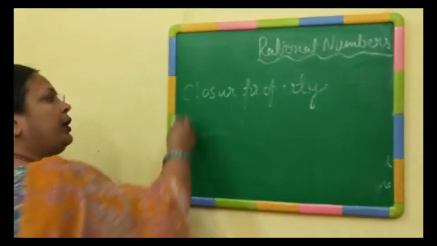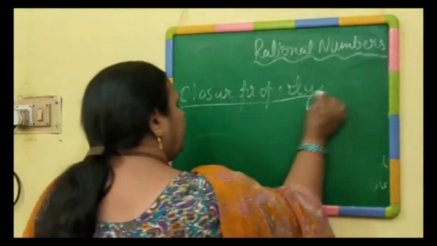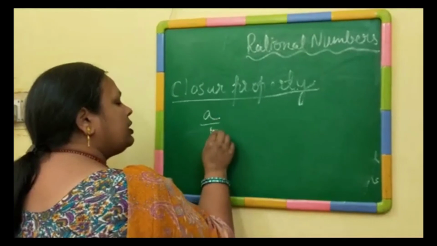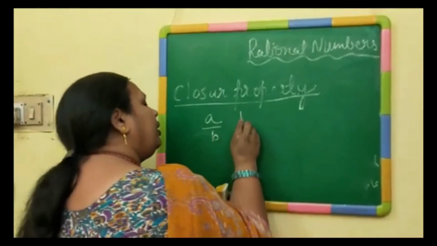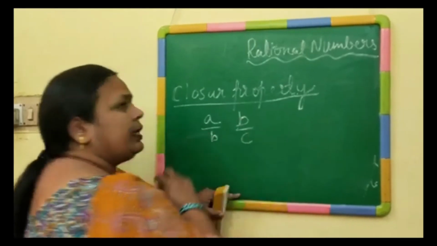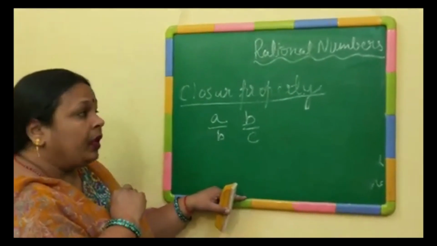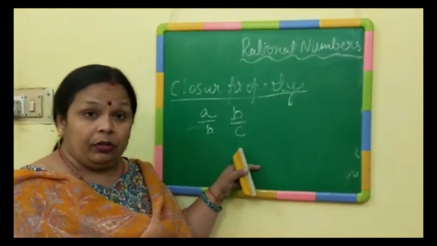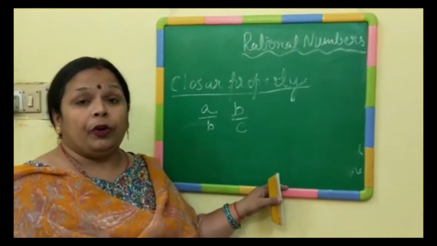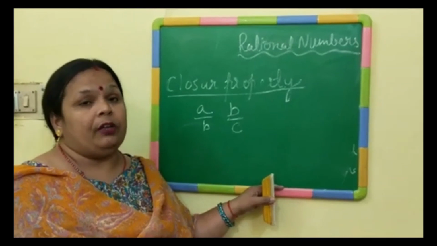Now closure property says if A by B is a rational number and C by D is a rational number. Clear? Now we need to discuss the properties for addition, subtraction, multiplication and division.